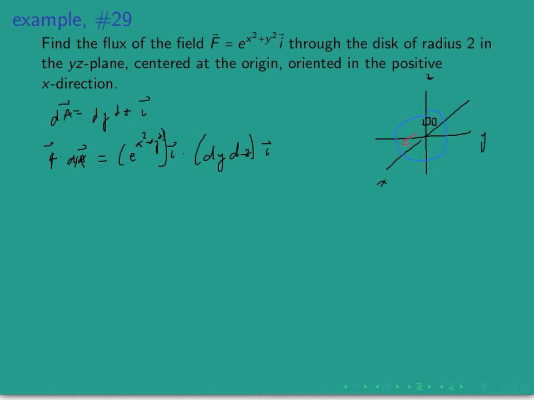Here there are no j or k components to deal with, and so the dot product simply turns out to be e to the x squared plus y squared dy dz. That's essentially the integrand of the flux integral. So the flux integral turns into a double integral over the disk of e to the x squared plus y squared dy dz.